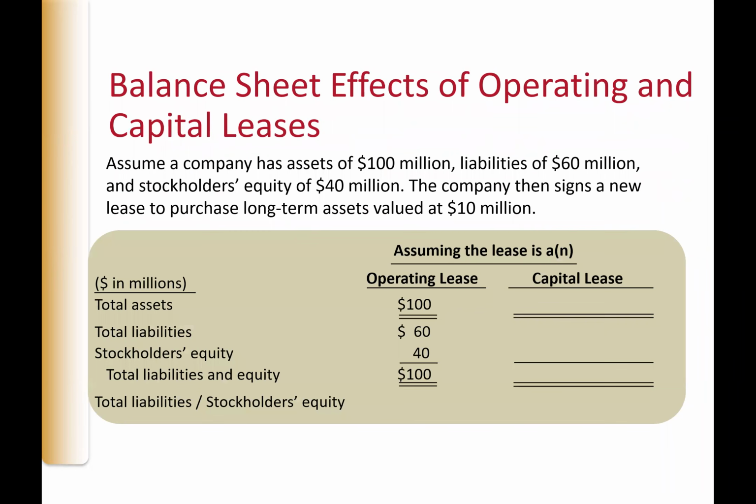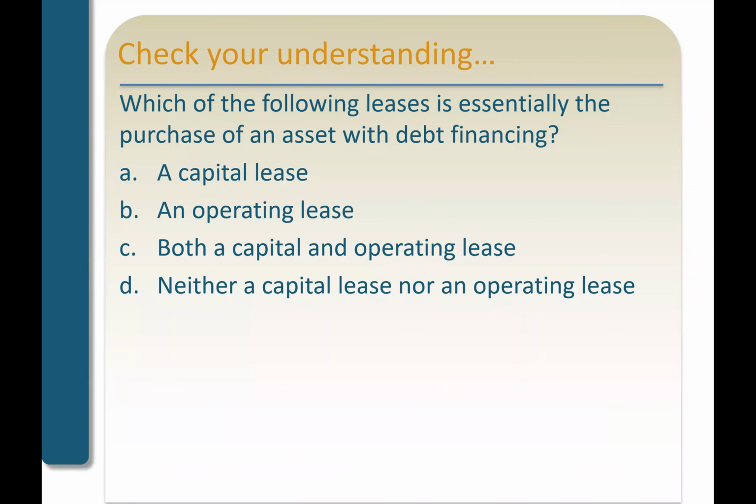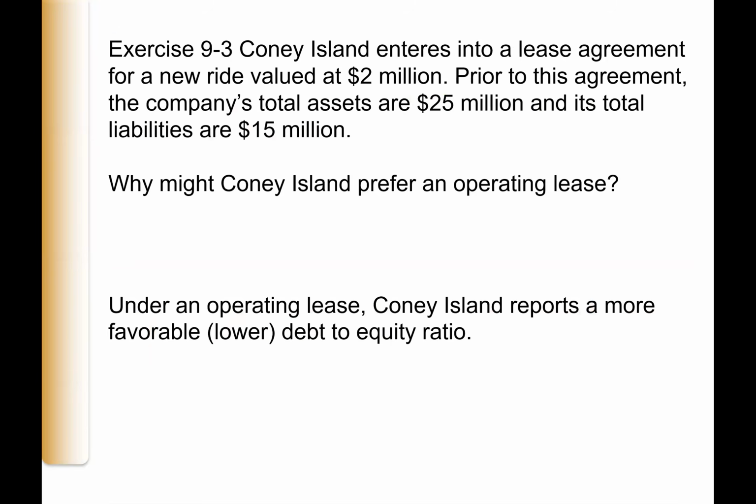We also talked about how, when you compare a company that has an operating lease versus someone that has a capital lease or is purchasing an asset, the ratios are not as favorable, because even though the assets may increase, your liabilities are increasing in proportion, which can have a negative impact on your debt to equity ratios. So we talked about that.